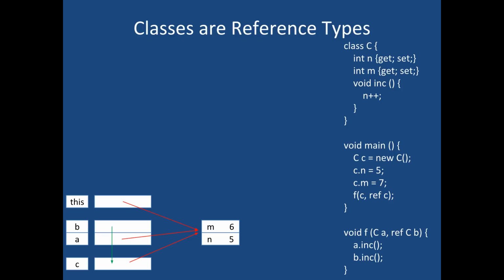So then when we call inc, we call this. Now when you call the increment method, when you call a method on an object, this is passed just as a reference, just as a red arrow. The reference to the object is passed by value. Then that is updated. What happens when we do b.inc?